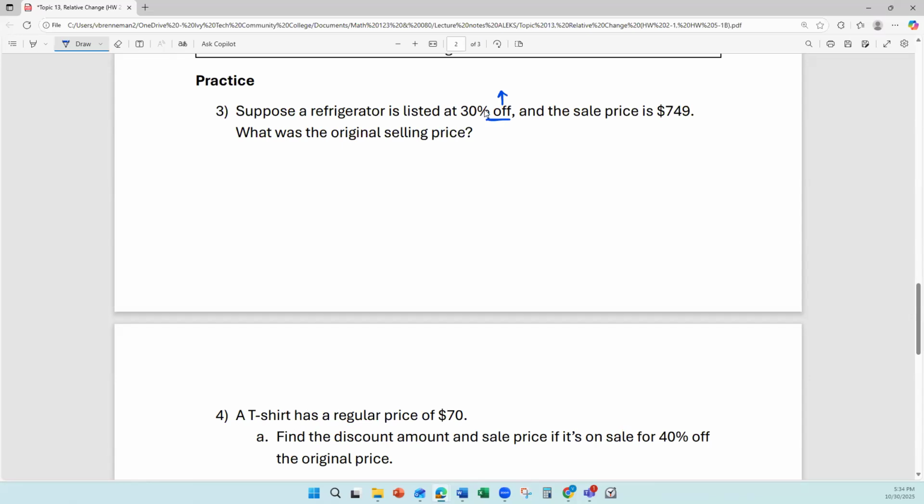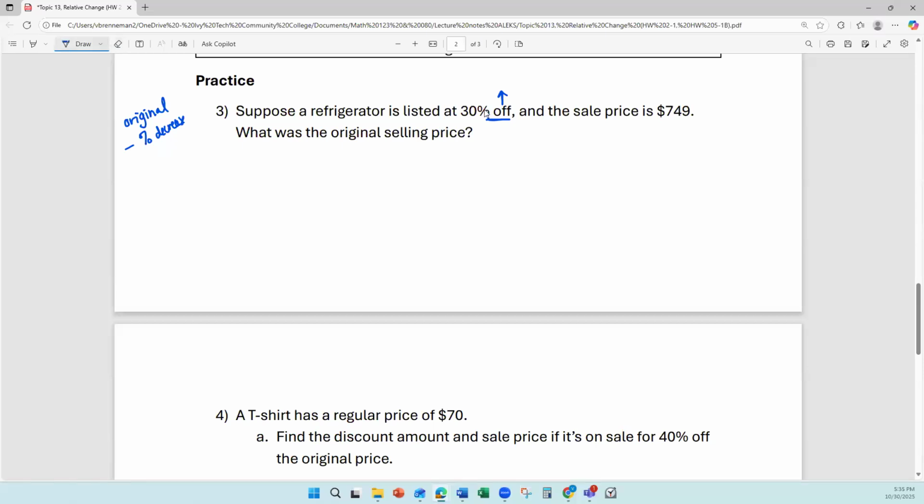And then you want to look at, do I know the original value, or do I know the starting point? So it's 30% off. What would that be off from? It'd be 30% off the original price. So one way to look at that is you would take the original minus the percent decrease of the original.